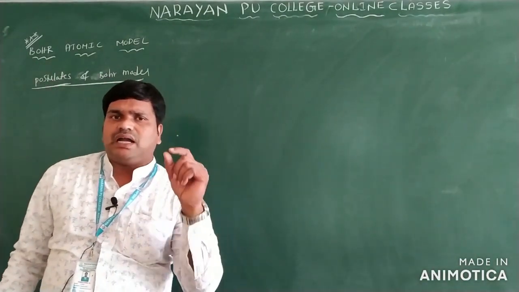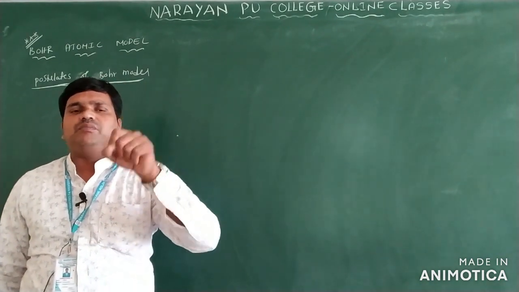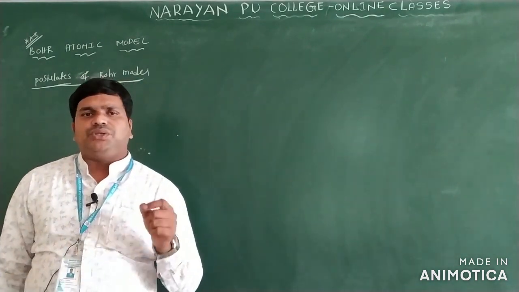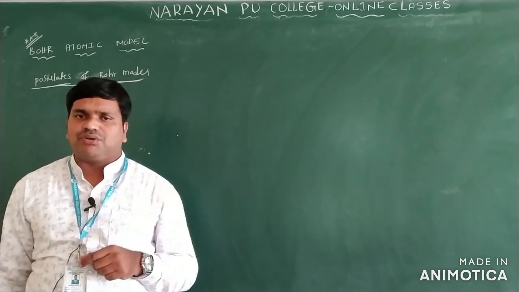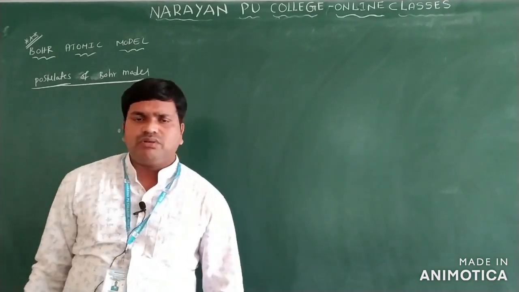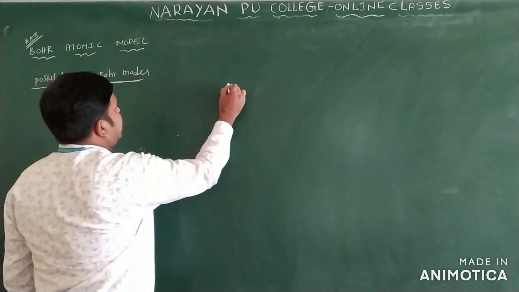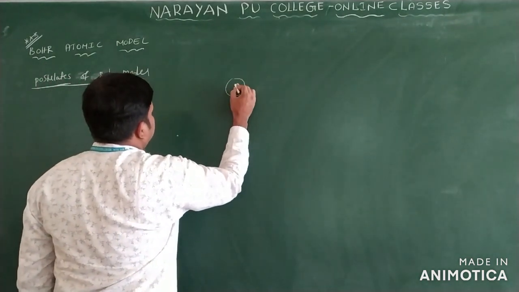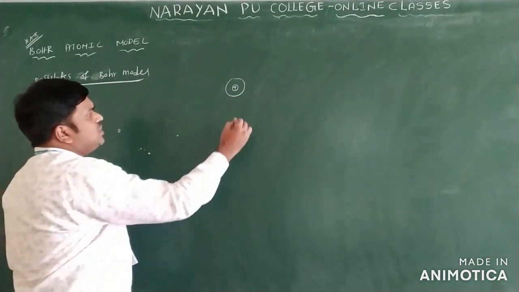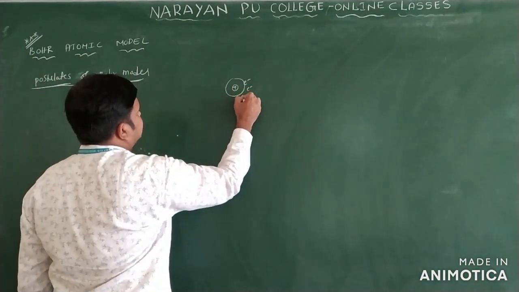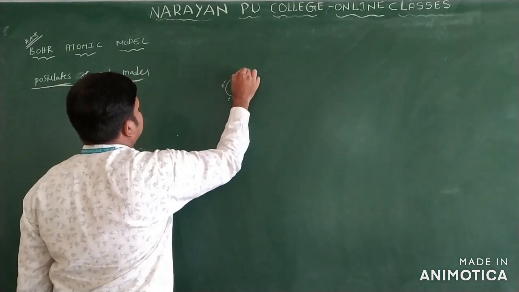Here in this atom, the center of the atom is called the nucleus. The nucleus contains protons and neutrons. Electrons revolve around the nucleus. Suppose I take an atom. This is the atom, the smallest part here. This is the center part, which you are calling the nucleus. And these are the electrons only.